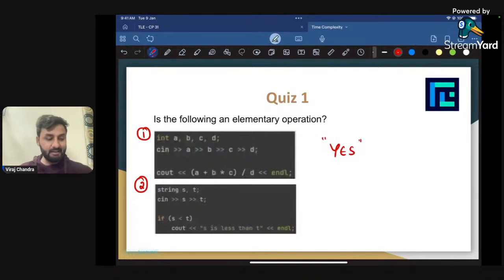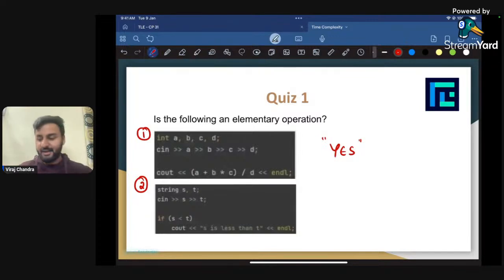We are comparing. So do you think it's yes? Yes, again. Okay. Anybody else? Because of comparison. Okay, makes sense. Great. So Amish is saying no. Okay, so we have a yes and a no. It's a bit confusing.